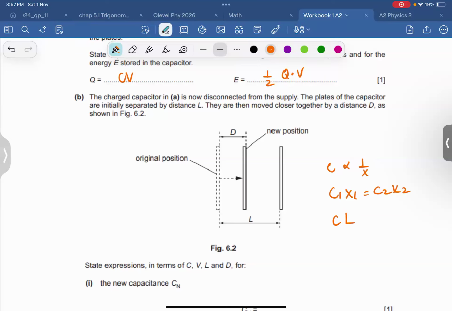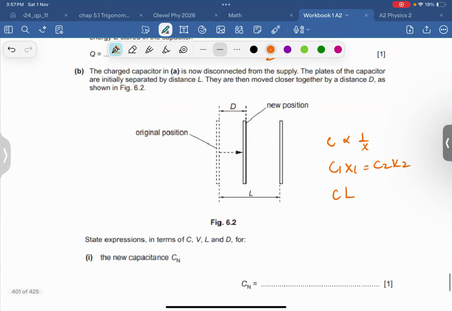Now for the new capacitance C new, we have to find out X2, which is going to be L minus D, because the distance should be in between the two plates, it's not outside.